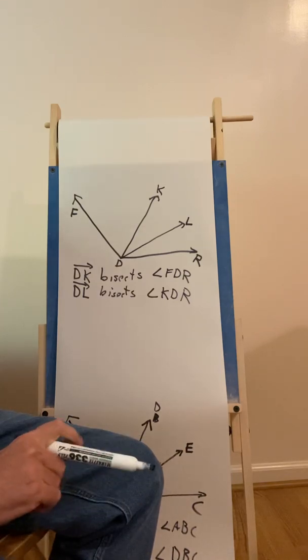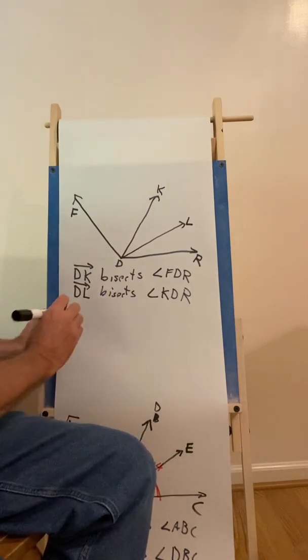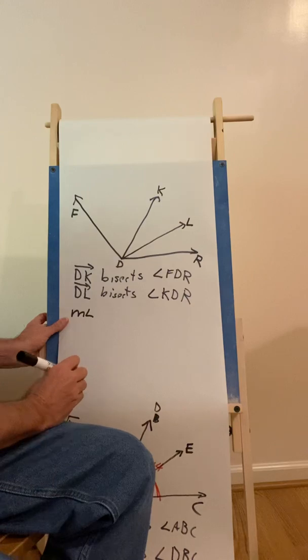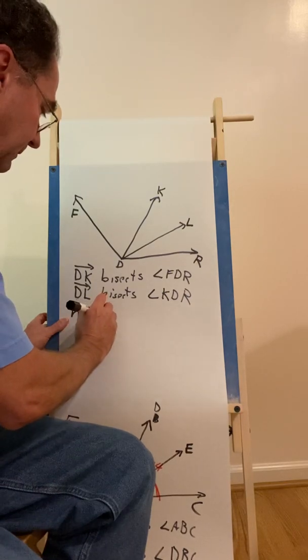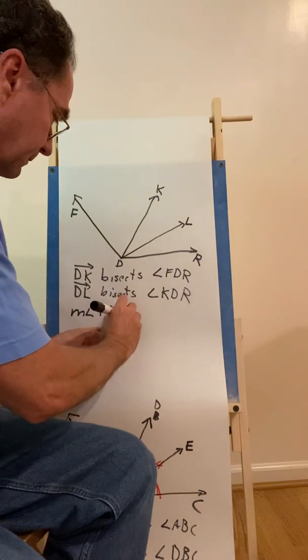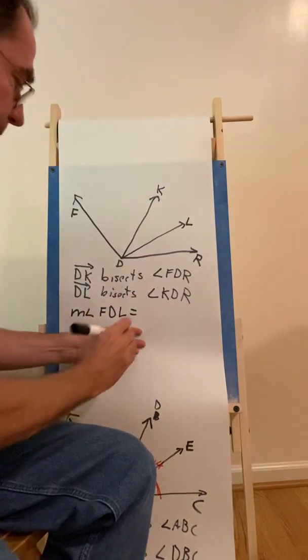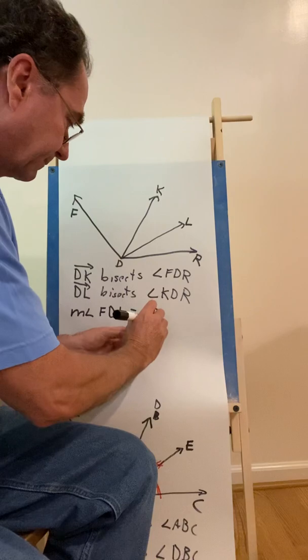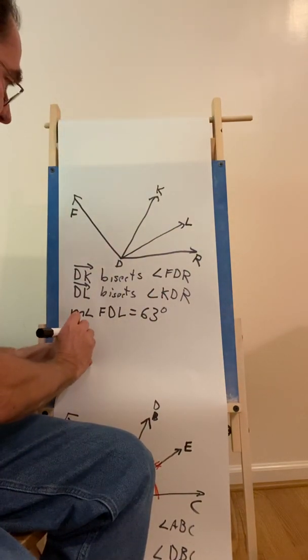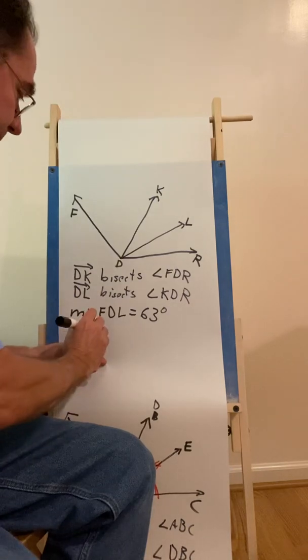I've just changed the letters. Now, this time I'm going to give you the measure of angle FDL is equal to 63 degrees. Find the measure of LDR.